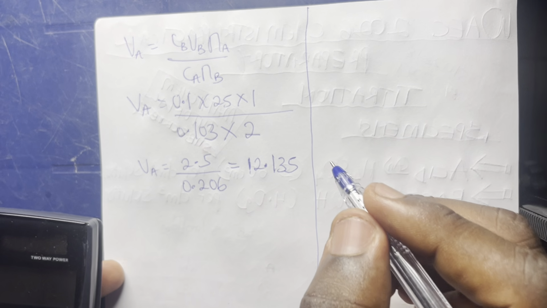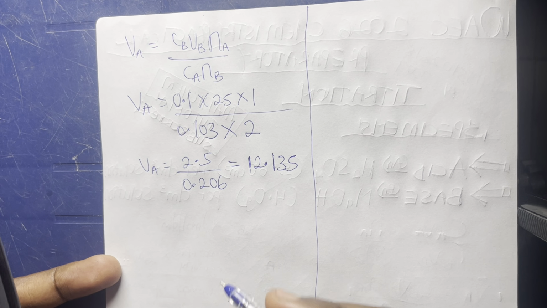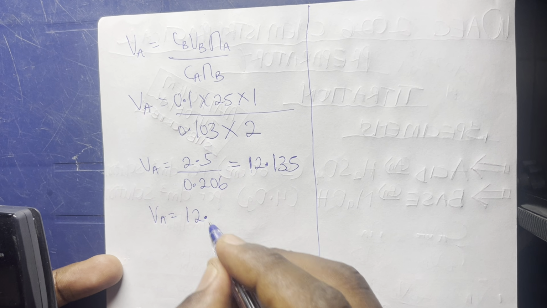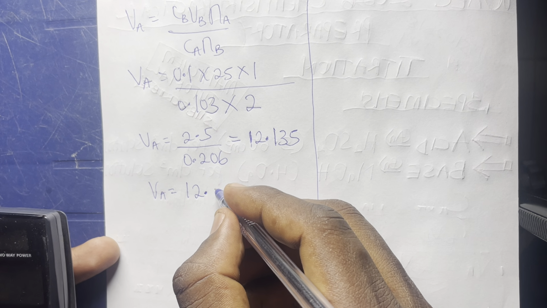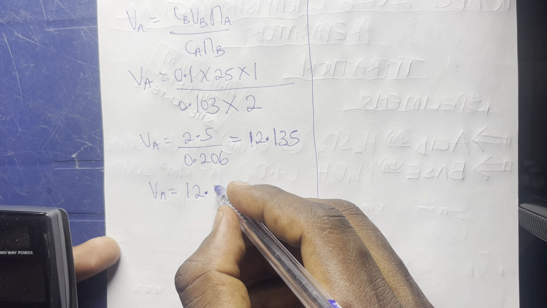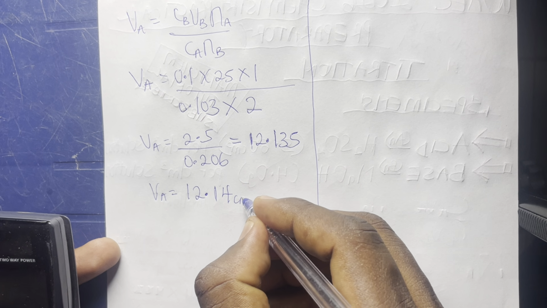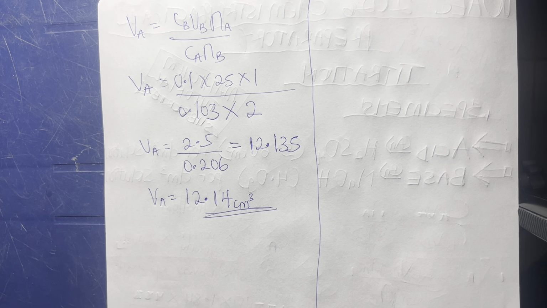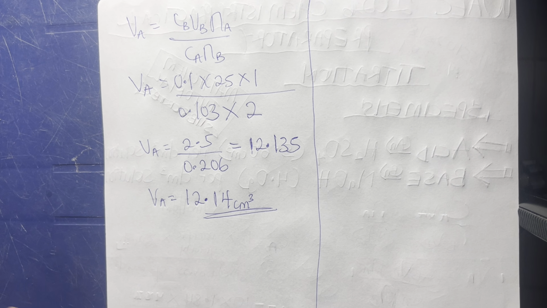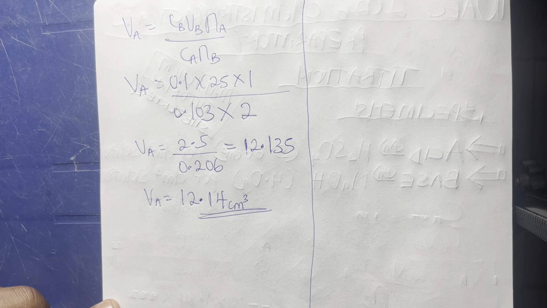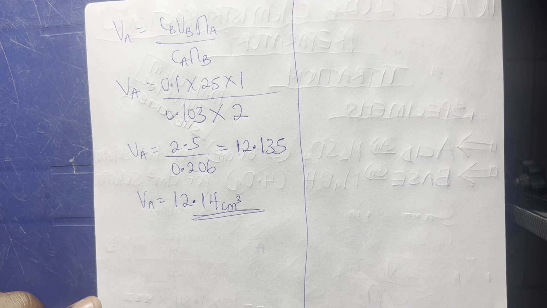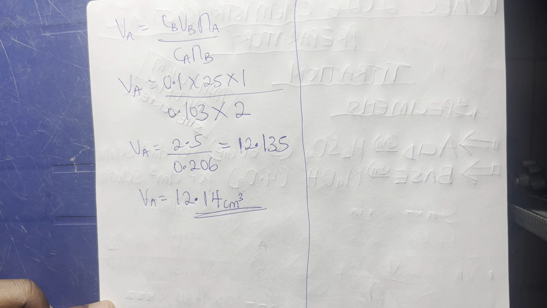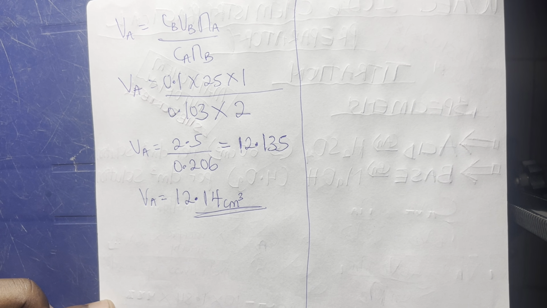Approximately, let's leave Va as 12.14 cm cube. So using the calculation format, the volume of acid used, that's the Va, is going to be 12.14 cm cube.